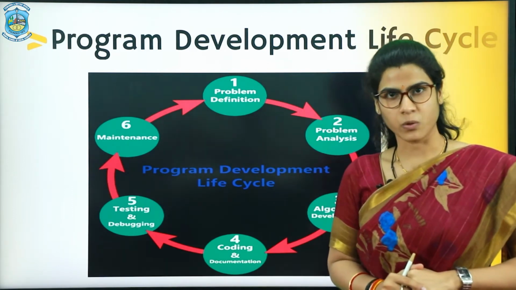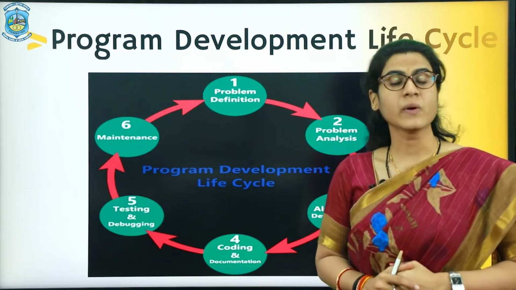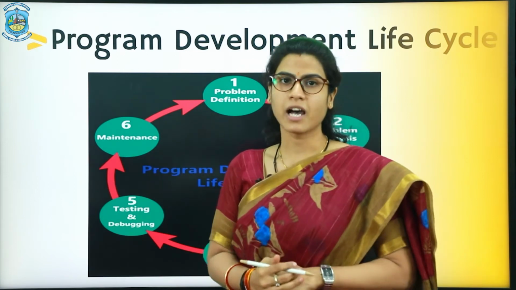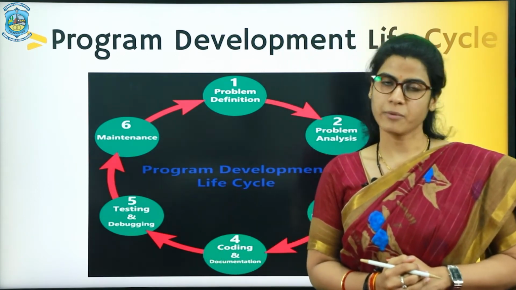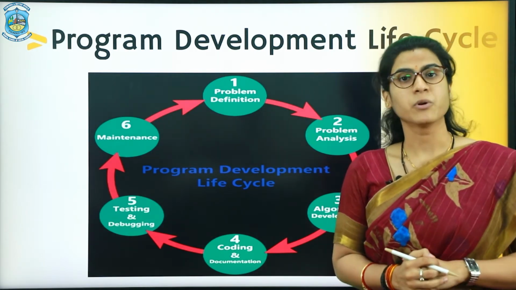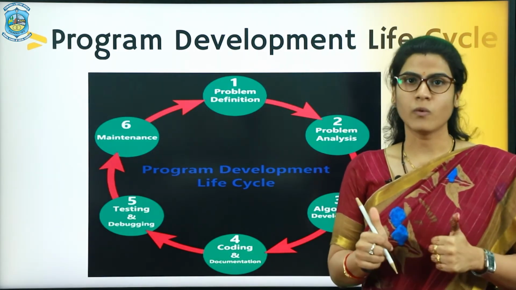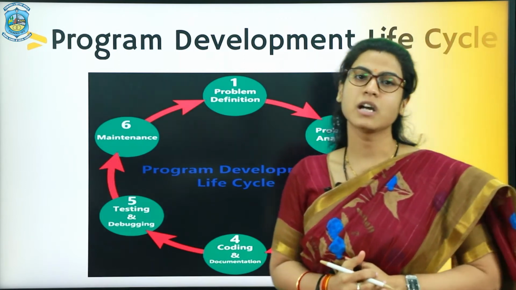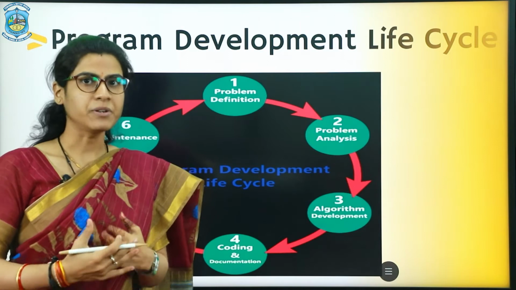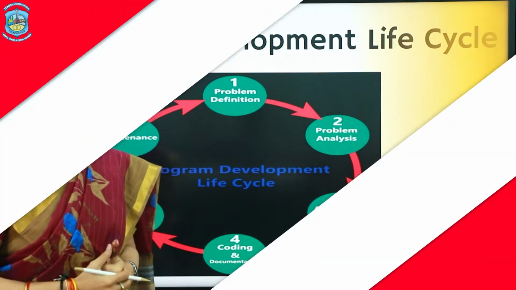After debugging the program or after doing a final check, we have to do the maintenance part, that is the last stage of our program development life cycle, which ensures us that the program is doing well. So this is all about our program development life cycle. Let's proceed with the deeper explanation of these steps.